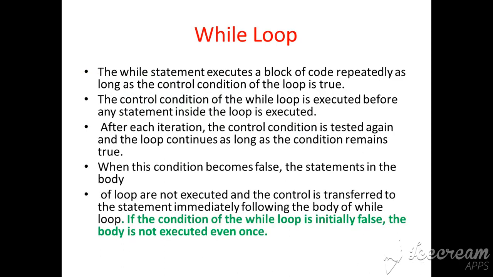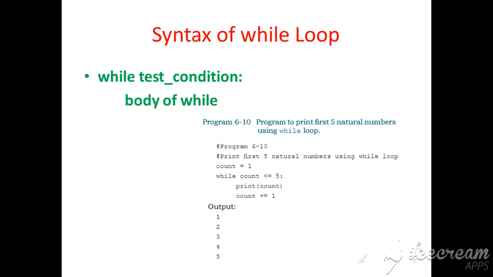After each iteration, the control condition is tested again and the loop continues as long as the condition remains true. Here, print count, then count = count + 1, is the inside of the body of the while. After the execution of these lines, it automatically goes back to the while loop again, then checks the count against 5. Then only it is executed again and again. If the condition is false, the loop will exit.